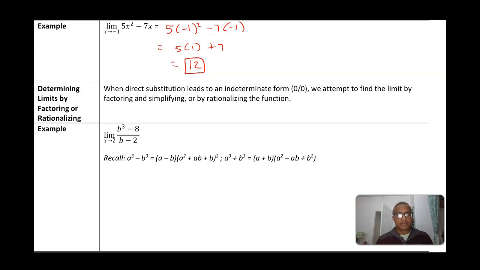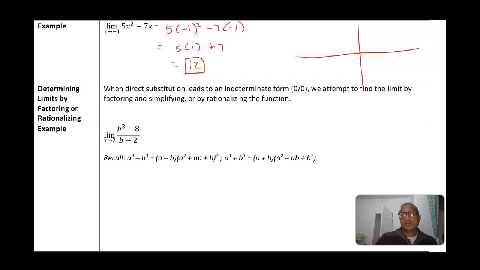Now graphically, if you were to graph this function, as we get to x equal to -1, our function is going to have a limit of 12. And I drew that incorrectly. Let me draw it again. I'm sorry, it was a very bad drawing.